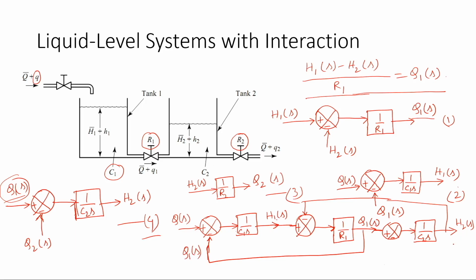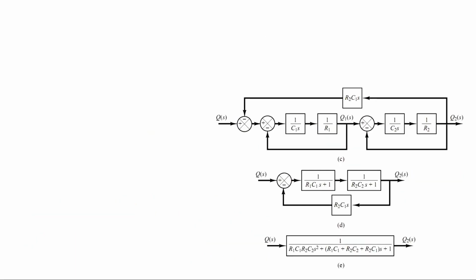So, in this way you have to proceed. After proceeding you will find this is the final block diagram. After using the technique of block diagram reduction, you will be able to find out this particular block diagram. These two inner loops you can form. This is one inner loop, a negative feedback system.